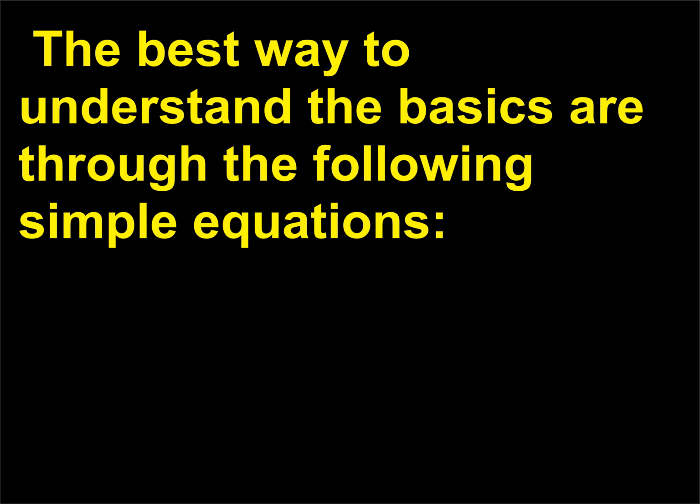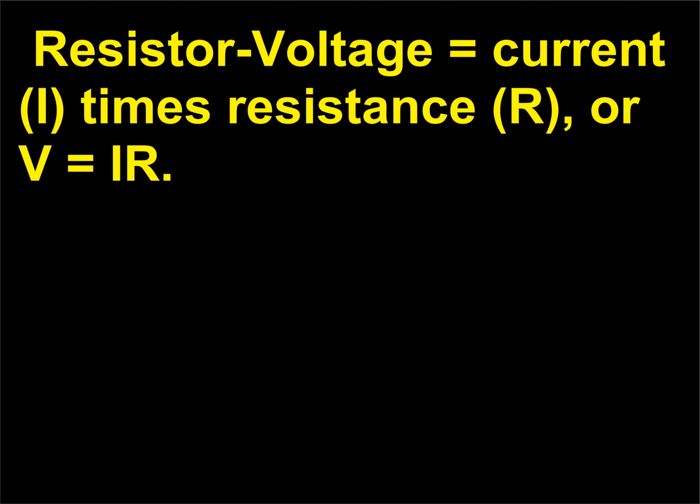The best way to understand the basics is through the following simple equations. Resistor voltage equals current, I, times resistance, R, or V equals IR.